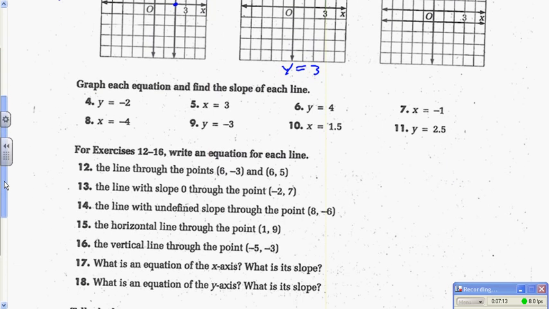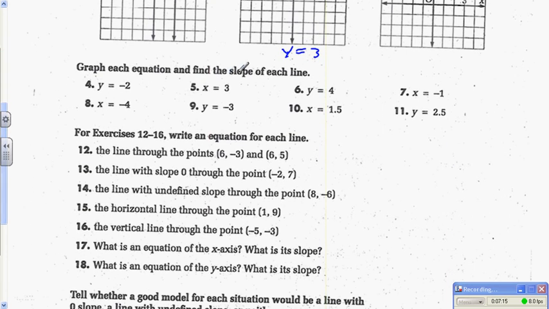Graph each equation and find the slope of each line. Well, y equals negative 2. So on the y-axis, find negative 2, plot a point, and it would be like that. If it's flat, the slope is 0.